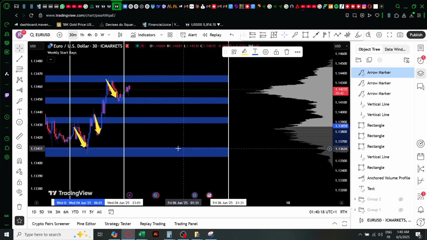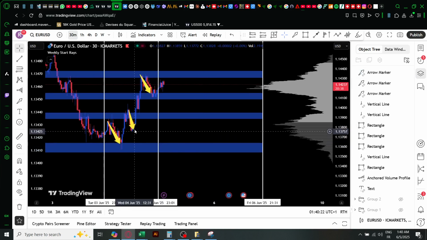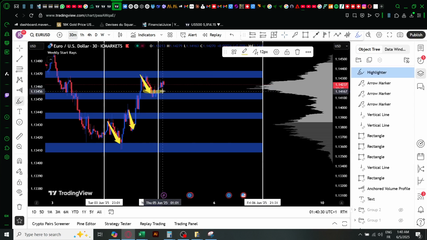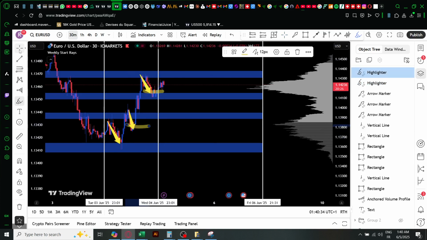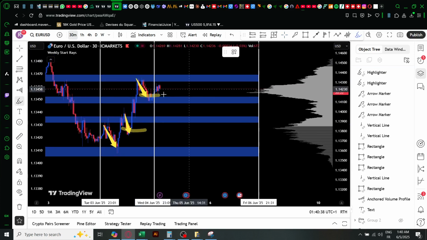So where is the last strong bearish move? There is this one, you can see. It stopped from here, and this one stopped from here. So we have two potential places to go long.